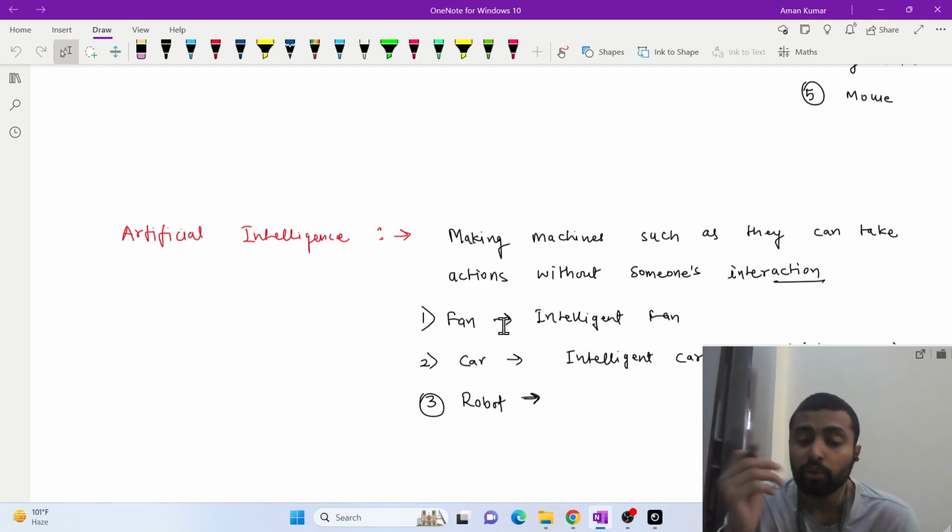And also you must have seen a robot. If you have not seen one, you must have heard the name of a robot. It is just like a human. And a robot is not only related to humans, it could be a clone of a dog itself. It can be a clone of even an elephant itself. It is not limited to only a human having a clone as a robot.